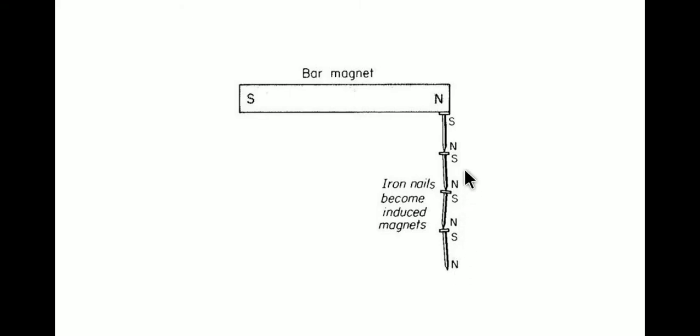Because of the induced magnetism, all the nails get attracted and cling to the bar magnet. And if this bar magnet is slowly removed away from these nails, then these nails will fall down because of gravity, because the force of gravity becomes more than the magnetic force.